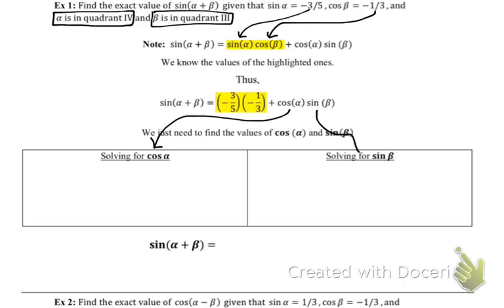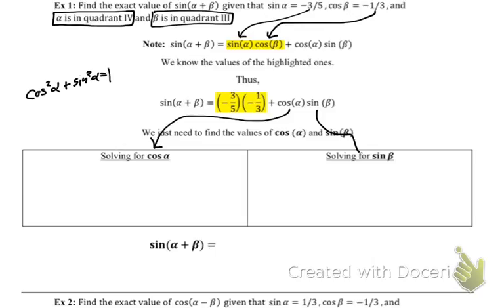Let's take a second real quick to shortcut this. To find cosine or sine, we're going to go back to the fact that cosine squared alpha plus sine squared alpha equals 1.